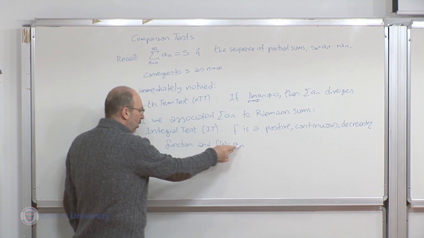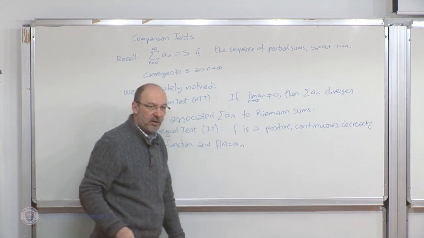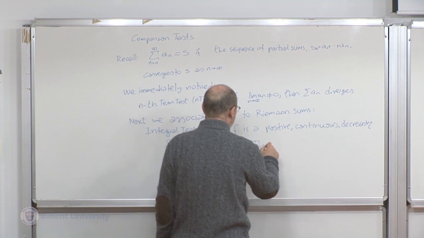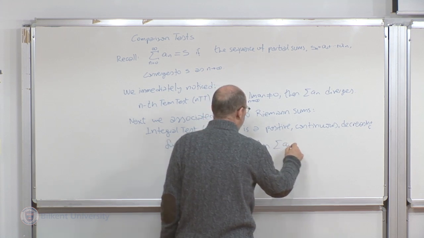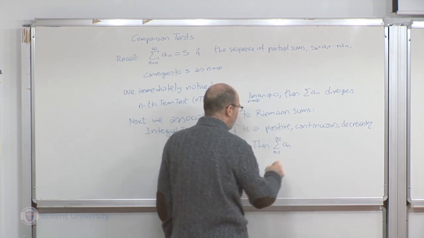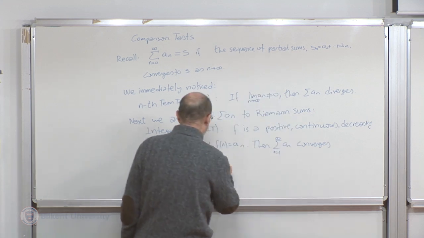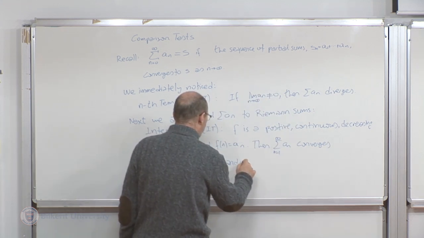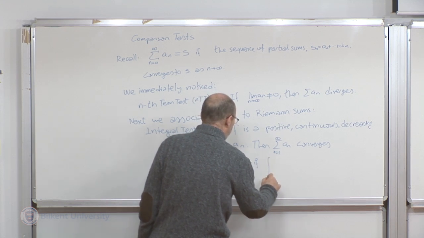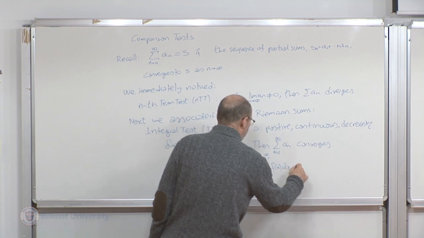Instead of n, you put x, and then you have this function. Then you check if this is decreasing. Then summation a_n, n equals 1, or it can start anywhere, converges if and only if the integral from, let's say, 1 to infinity of f of x dx converges.